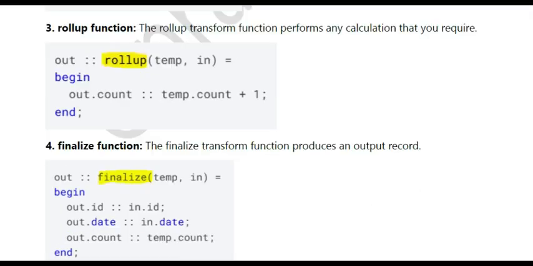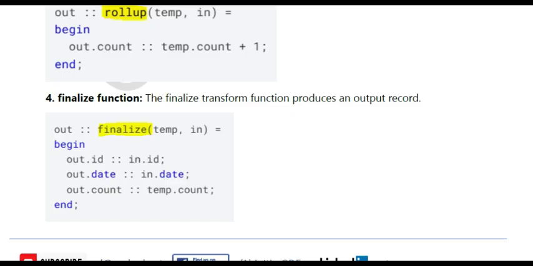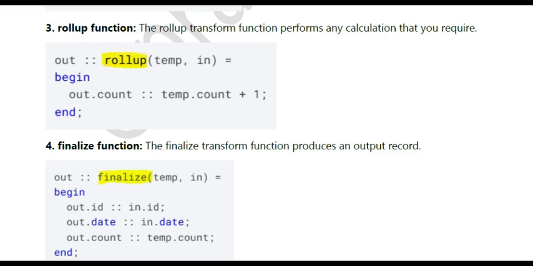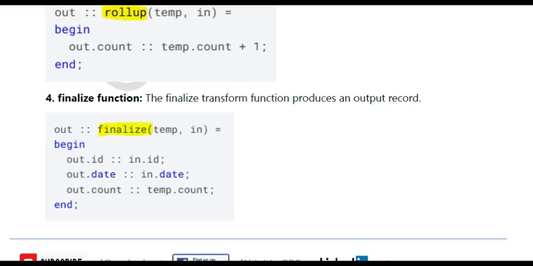Once the Rollup functions have been executed, finally the finalize function will be called. Here also we have two arguments, temp and in. It will be called once all the group's record execution is completed, and then the result will be sent to the output.